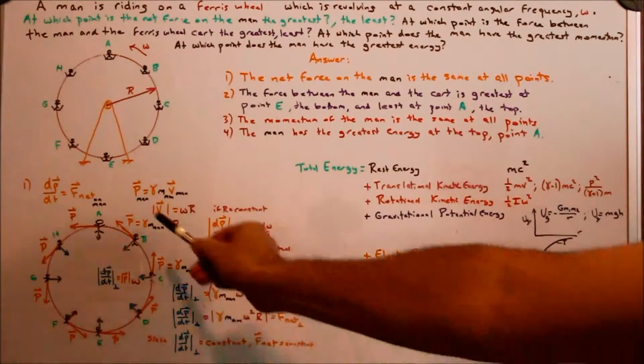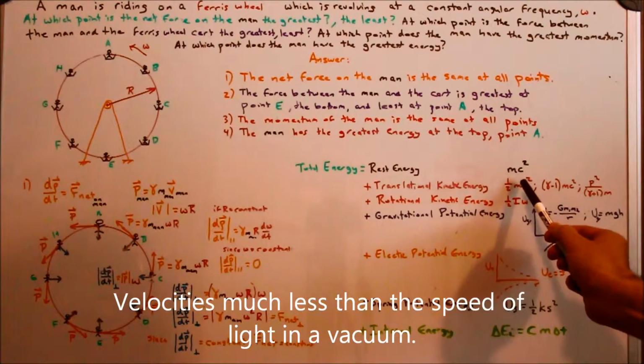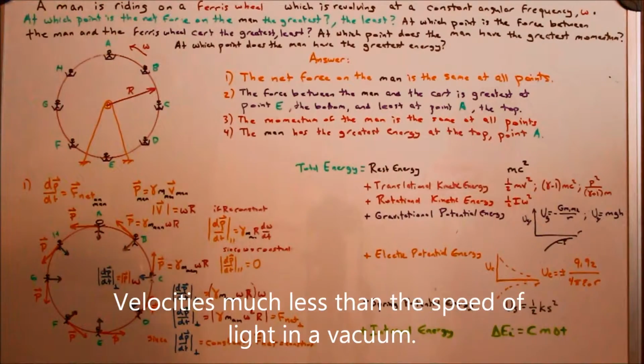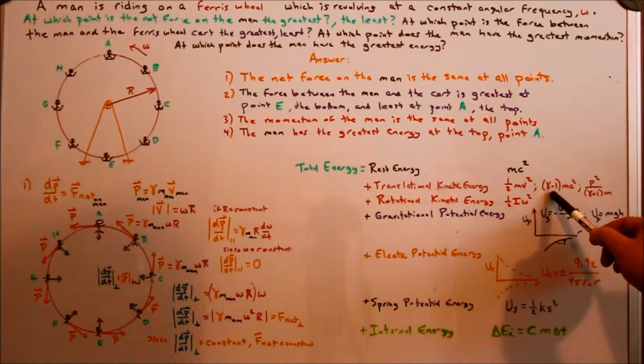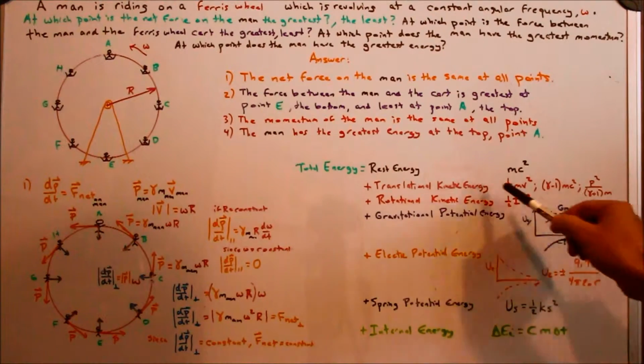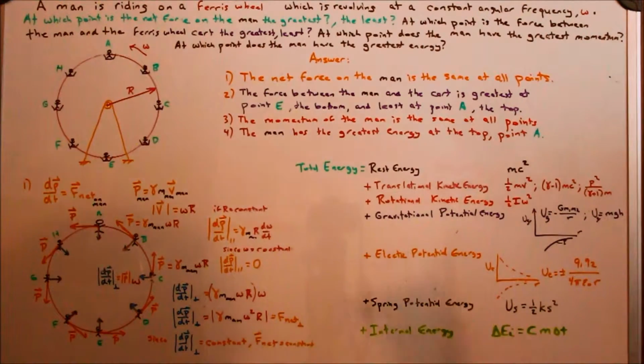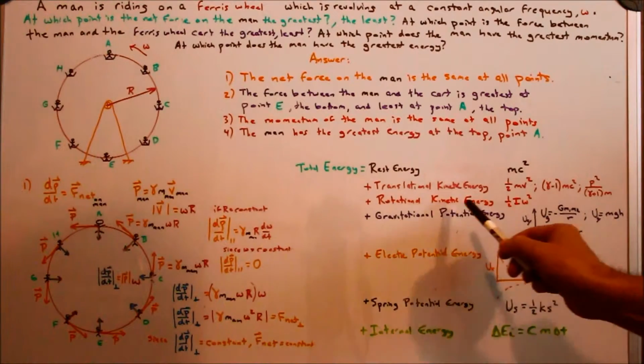We're going to say the magnitude of the velocity is the same at all points, so that's constant. Another way to think about it, if you were approaching the speed of light in a vacuum, the more correct form would be gamma minus 1 mc squared for translational kinetic energy, or p squared over gamma plus 1 over m.